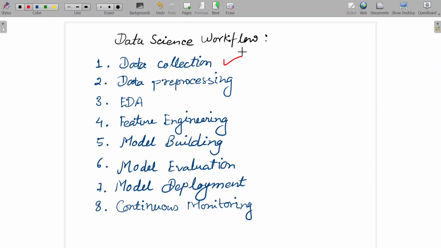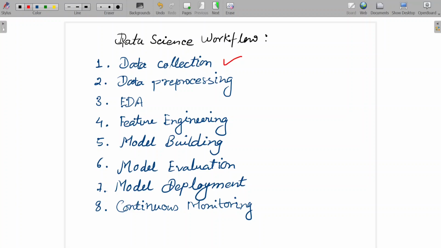EDA is where we dive deep into the data to understand its patterns and characteristics. We create many visualizations, try to find patterns and discover outliers.